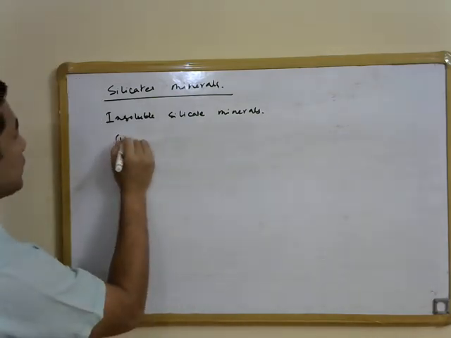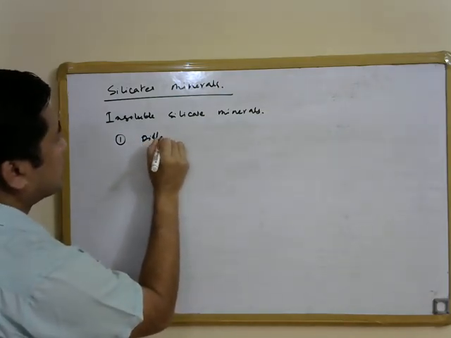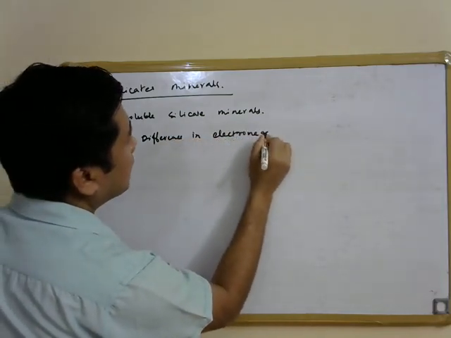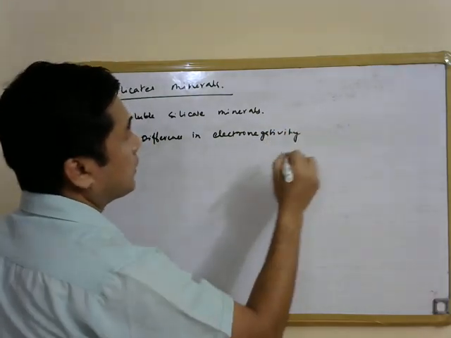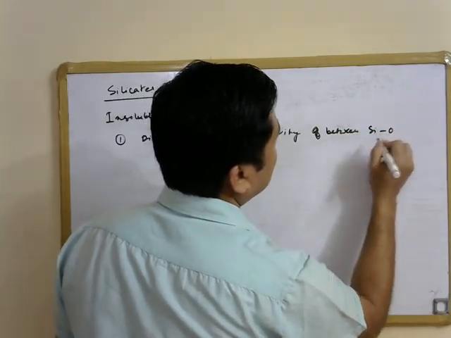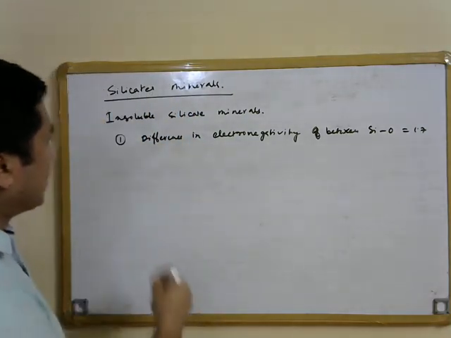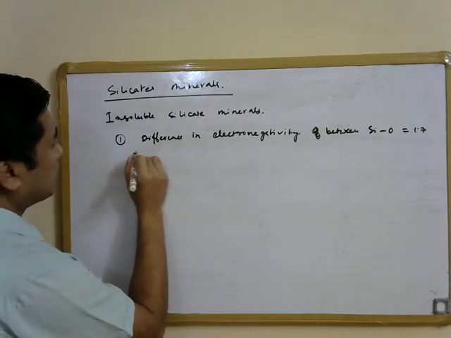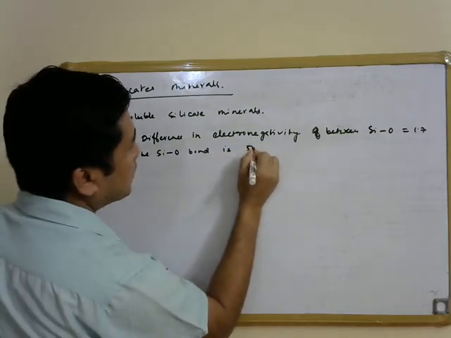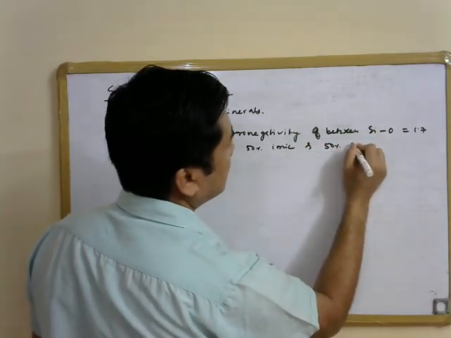The first one is that the difference in electronegativity between silicon and oxygen is equal to 1.7, and this essentially implies that the SiO bond is 50% ionic and 50% covalent.